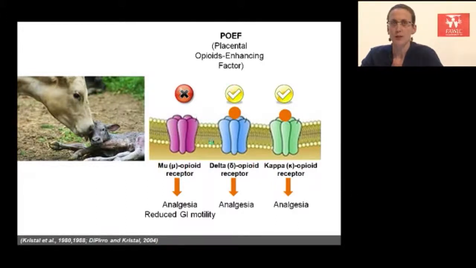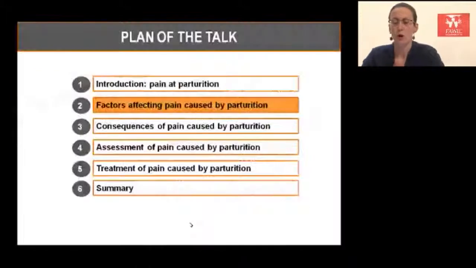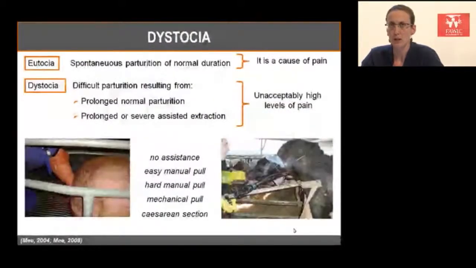So after this introduction, I'm going to explain some factors affecting pain caused by parturition. Here we have to know the definition of eutocia. So eutocia is a normal parturition with a normal duration, and as we previously saw, it is a cause of pain.